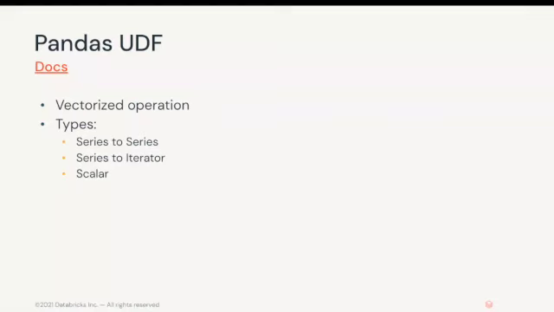So things like the scalar output, that's obvious, but you can also have them take a series, which means basically a row of things in Pandas, and either output a series or an iterator to go over them. We're not going to go over this today in the examples, but if you are interested in more detail on this, you can get in touch with me later, or you can click on the docs thing here.